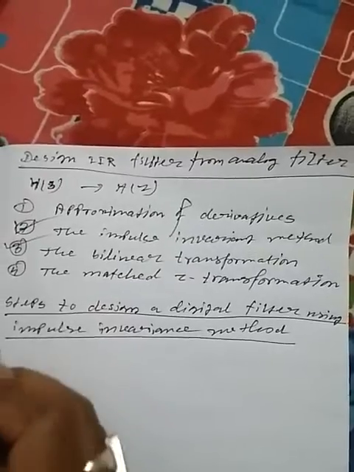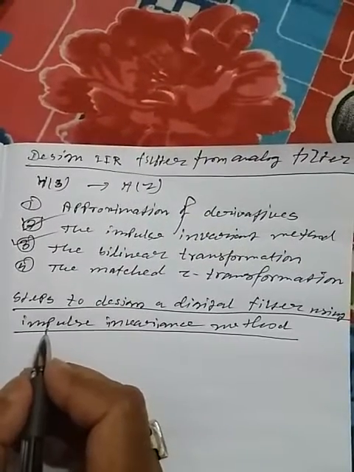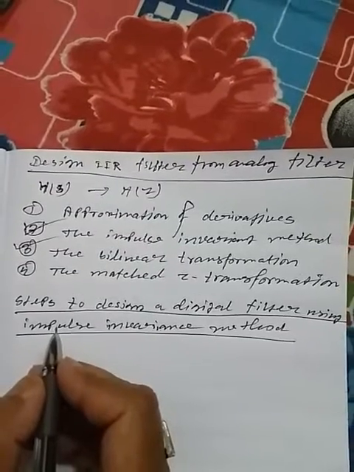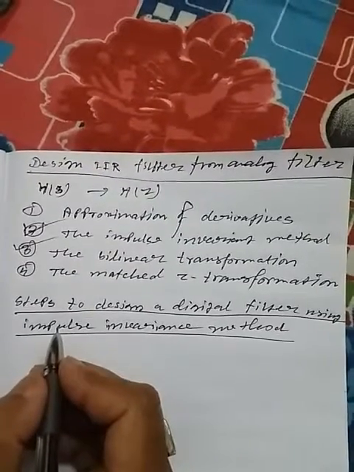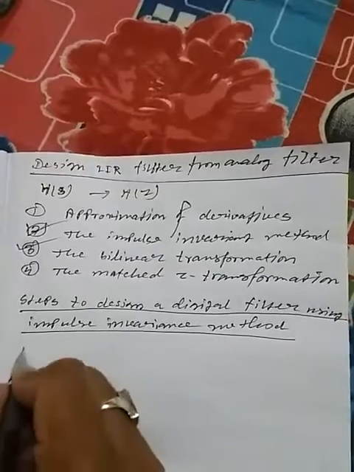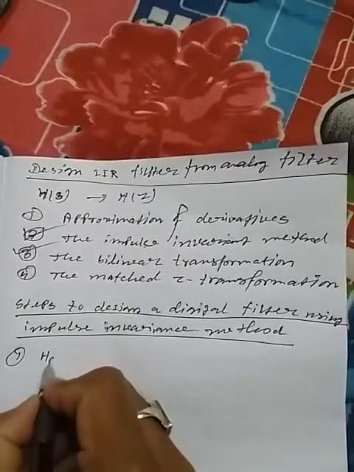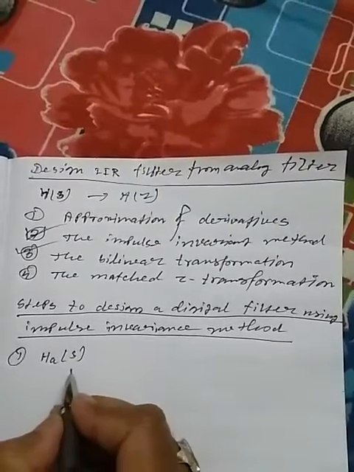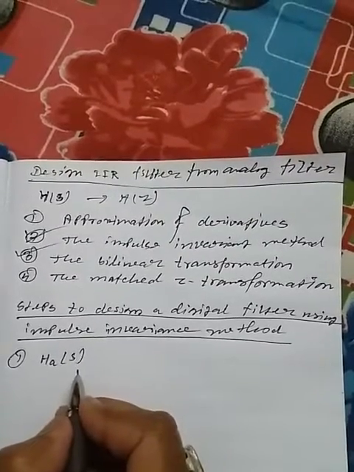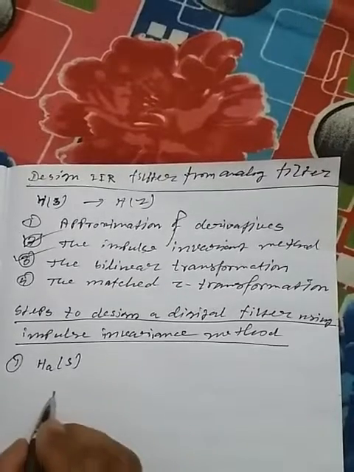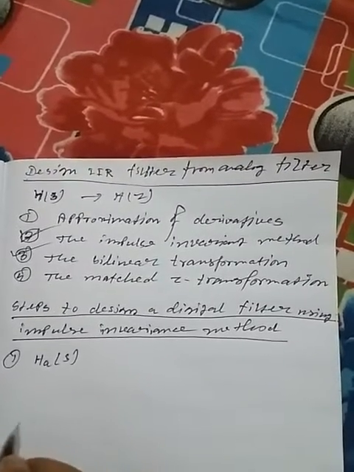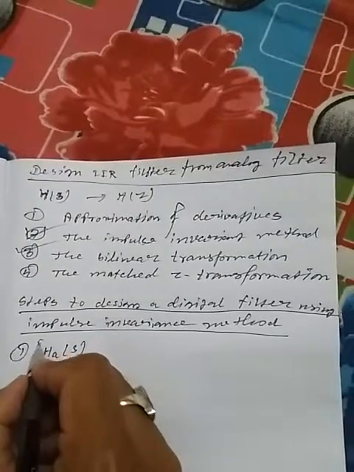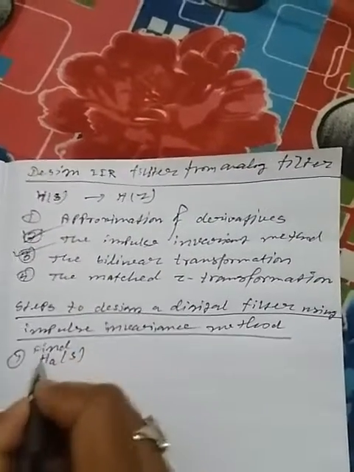First step: you have to design an analog filter using the method discussed in my previous class. So you have to find out the transfer function of the analog Butterworth filter, H(s). This is the first step.